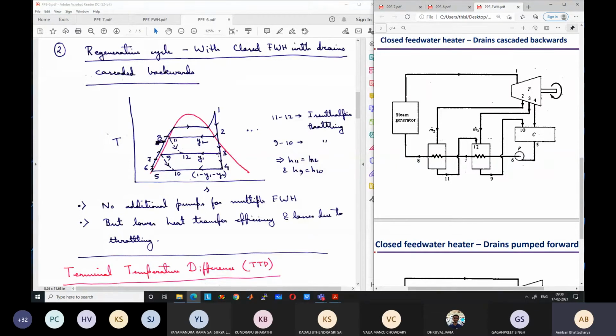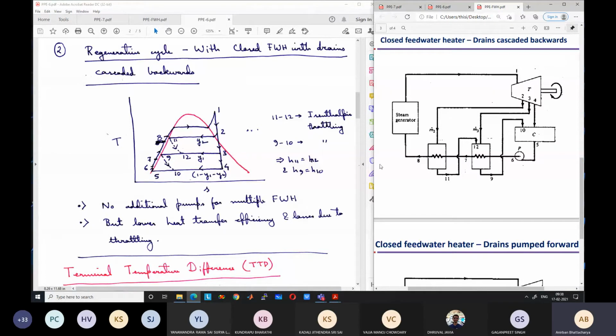This water, which is at 7 and already at high pressure, goes to the next feed water heater. It passes through the coils in the next feed water heater, and there is heat exchange here. The temperature increases from T7 to T8.